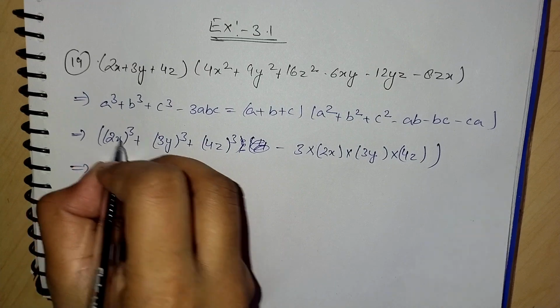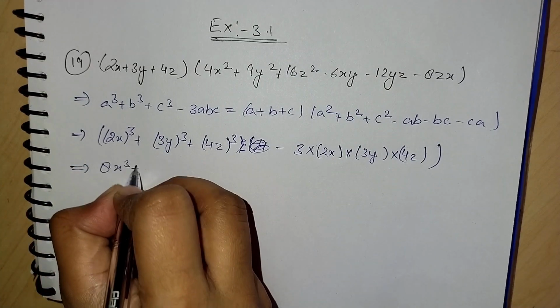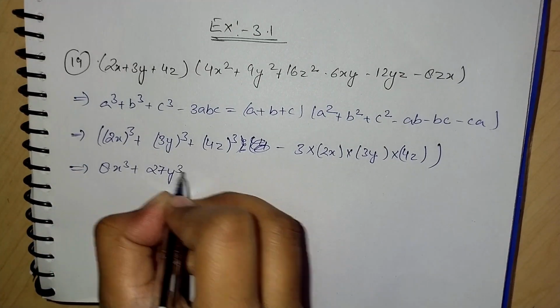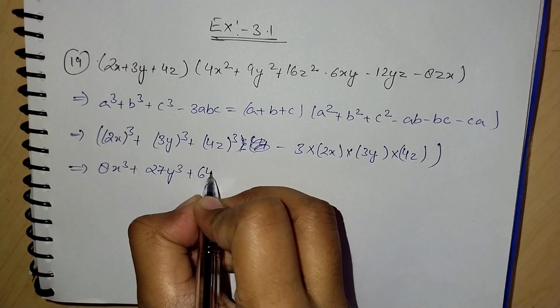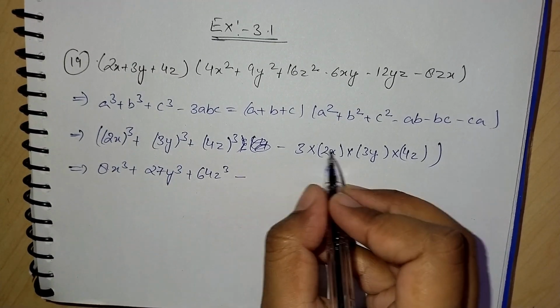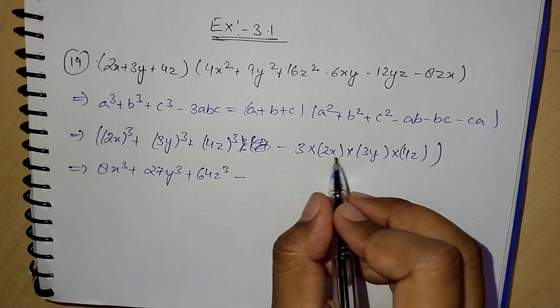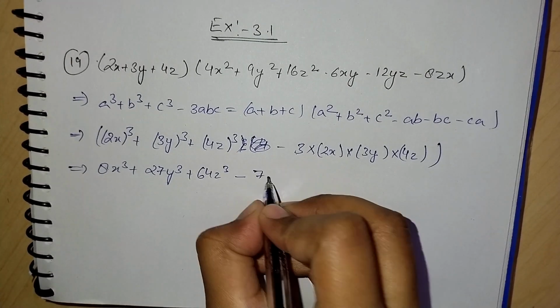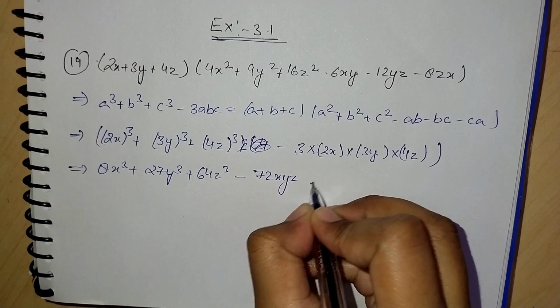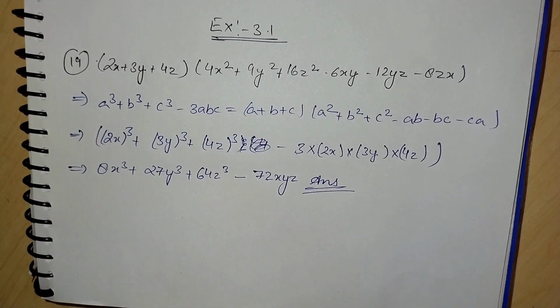On solving this, we will get 8x cube plus 27y cube plus 64z cube minus 72xyz is the answer here in this question.